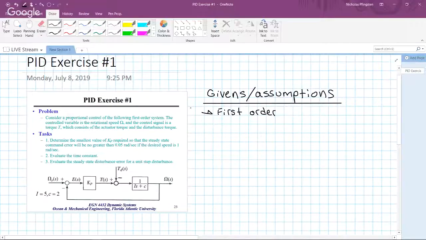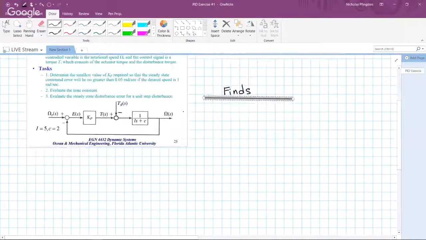Alrighty. The task. Now, when it comes to task or anything that's asking for you to find something, I just call it finds. So the first thing it's going to ask is, it says determine the smallest value of Kp.